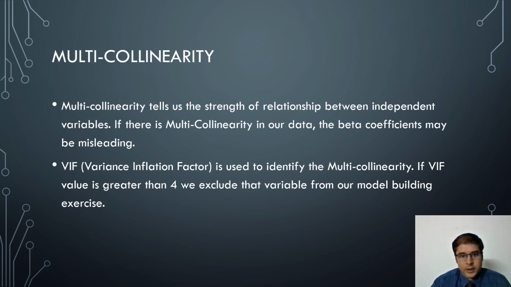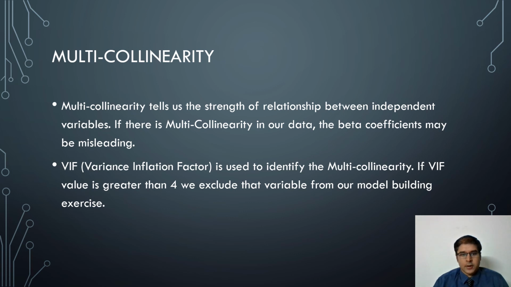Now we move on to multi-collinearity. Multi-collinearity tells us the strength of the relationship between independent variables. If there is multi-collinearity in our data, the beta coefficients may be misleading. Next is VIF or variance inflation factor, which is used to identify the multi-collinearity. If the VIF value is greater than 4, we exclude that variable from our model building exercise.